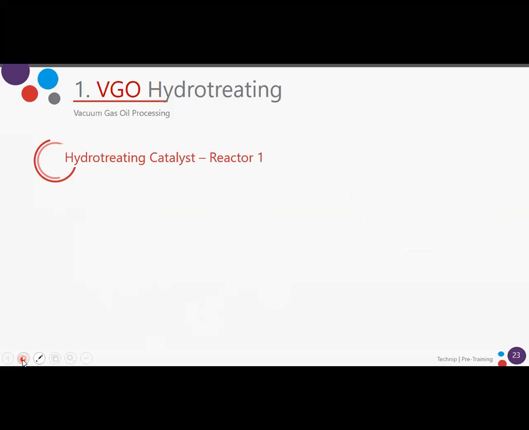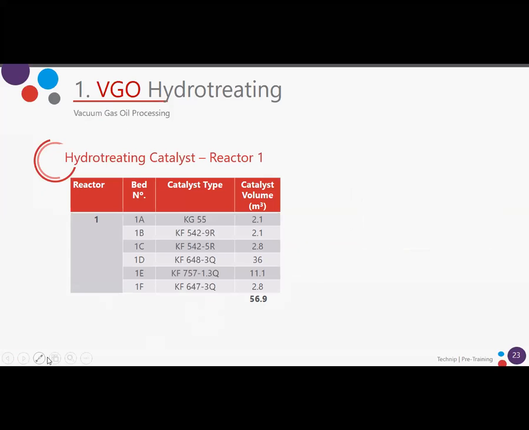So if we see the catalyst that we have in reactor 1, we have bed number 1. As you can see, we have all these types of catalysts in one bed, okay?